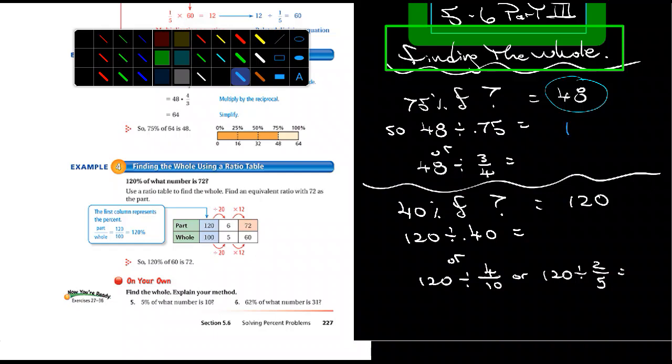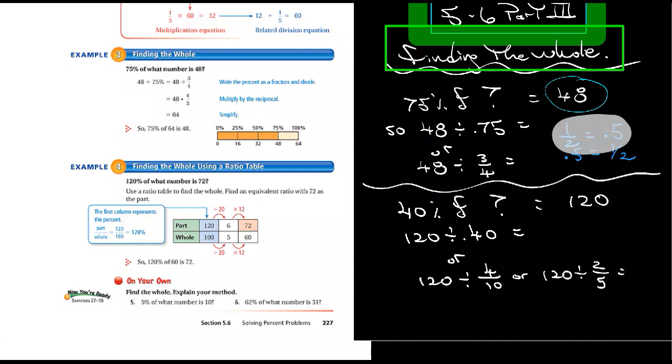If I ask you, what's 1/2 as a decimal? You know it's 0.5. Or if I said, what's 0.5 as a fraction? You should know it's 1/2. You guys should know those automatically.